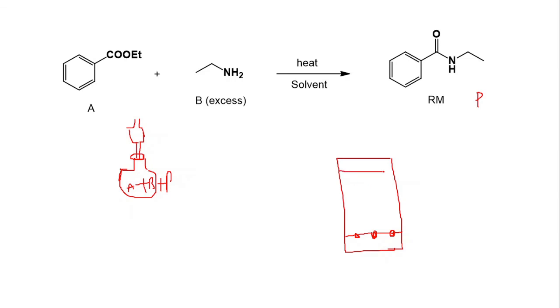Now you have run the TLC plate, you have marked the solvent front, and this A may go up to somewhere here because it is low polar compared to this amide. This is low polar, and this is CO, you remember, the CO spot. This is reactant, and this is reaction mixture.